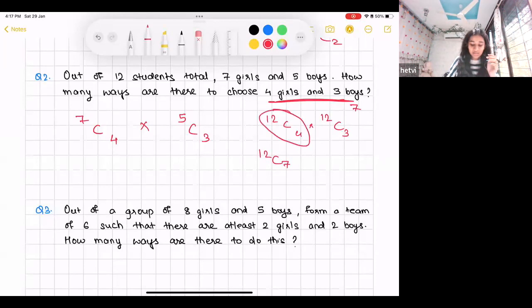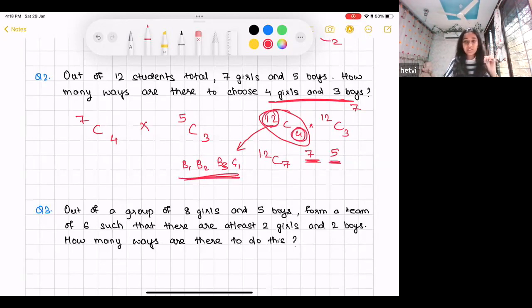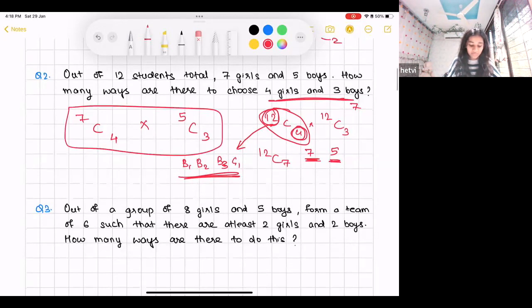In 12C4, I'm also counting the possibility of boy 1, boy 2, boy 3, girl 1, which is not correct. We want 4 girls. Because 12 contains 7 girls as well as the 5 boys, and I'm selecting 4 out of them, I'm also counting the possibility of having boys in the group. So the correct answer would be this.